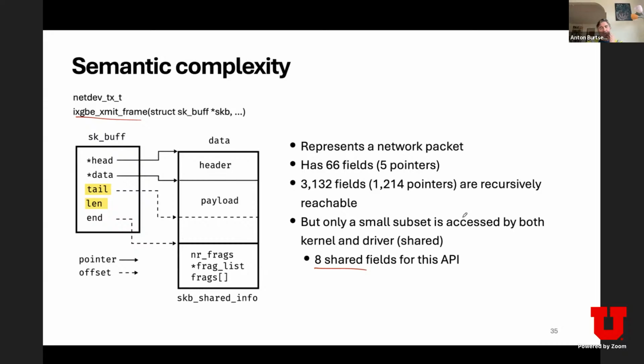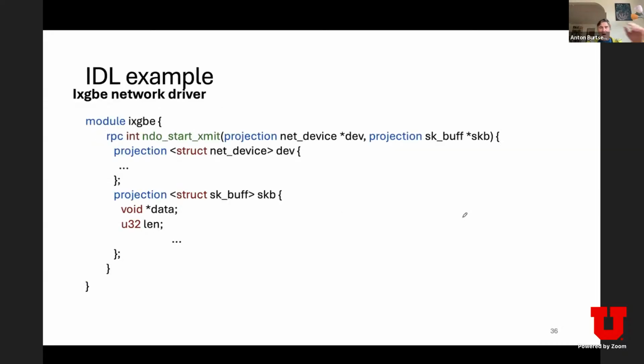So you have to come up with a language which defines those relationships, and so we came up with this interface definition language, which describes which fields of the data structure have to be synchronized across.